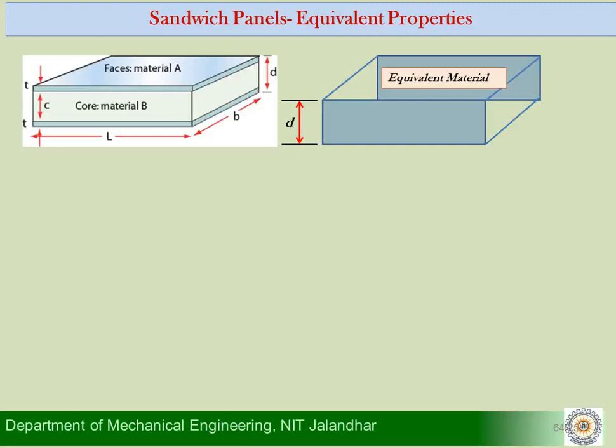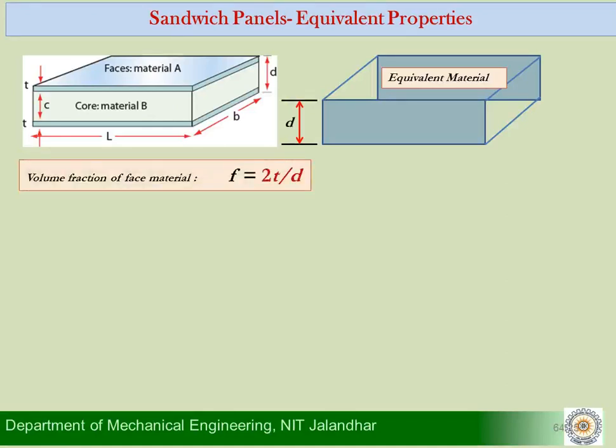Here is where your composite skins can be better than your metal skins, because if you use CFRP as material A, it will have high stiffness, but the density will not be as high as that of maybe titanium or aluminium or any other metal. And that is why we will find that in many applications where weight reduction is the criterion, CFRP faces and a foam core or a honeycomb core are the most common types of sandwich used.